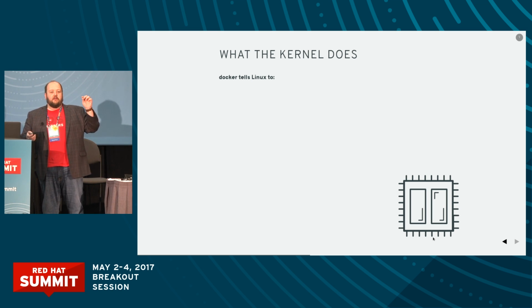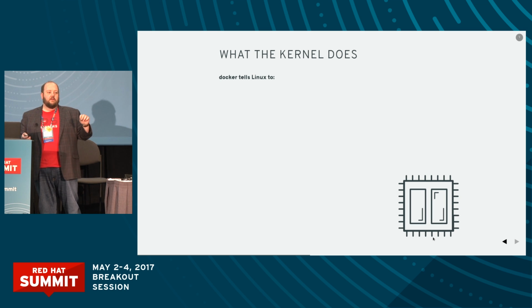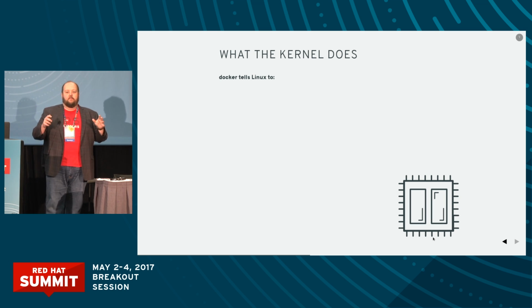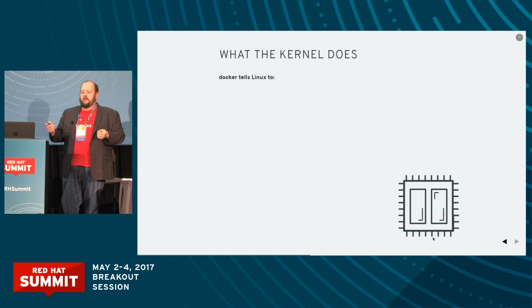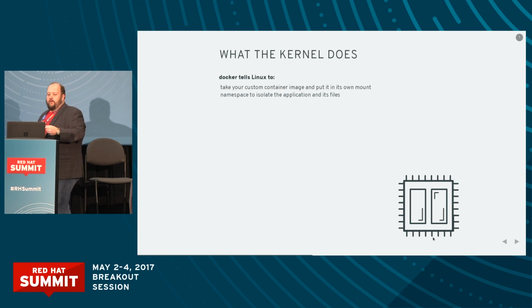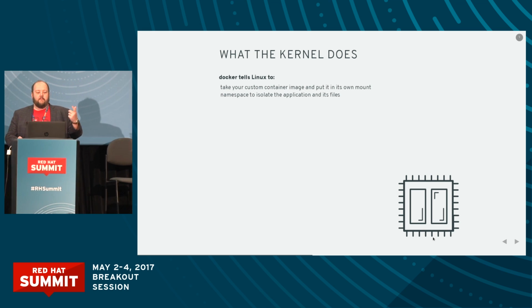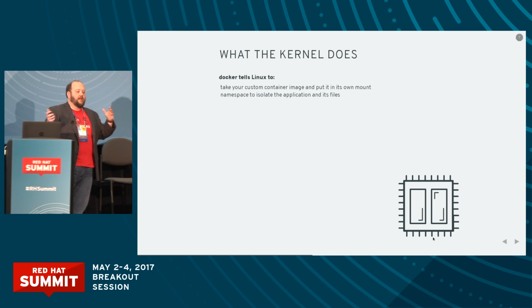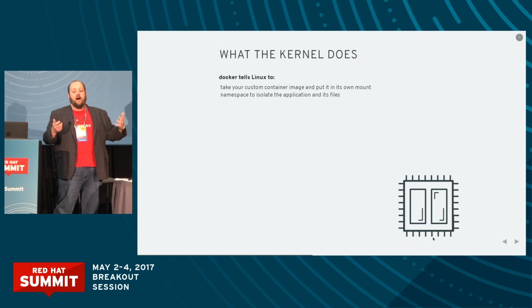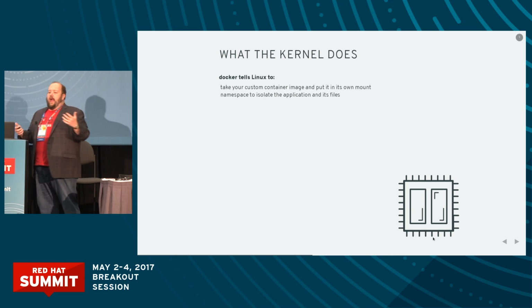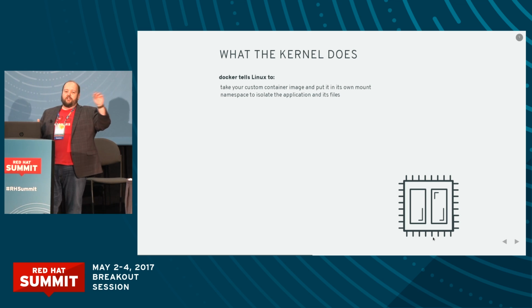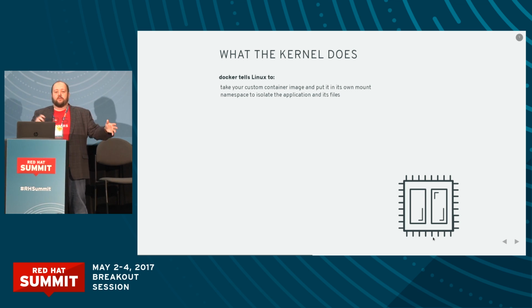So then Docker interfaces with the Linux kernel. And in the Linux kernel, we build out a bunch of things to help isolate this process that we're about to start. We take this custom container image and we take any mount points that we defined in our build config and our deployment config and our image stream, and we mount in all of these mount points, so a shared storage or a host directory from the actual host or whatever we need.